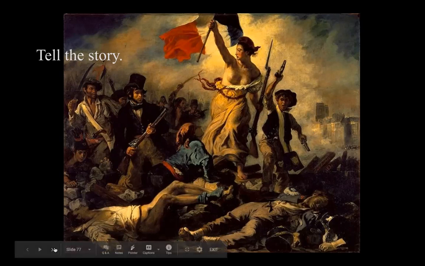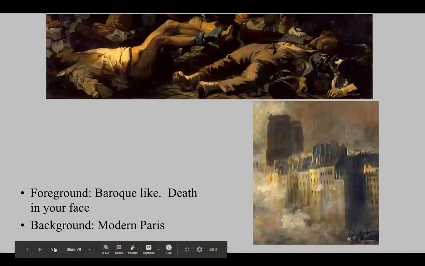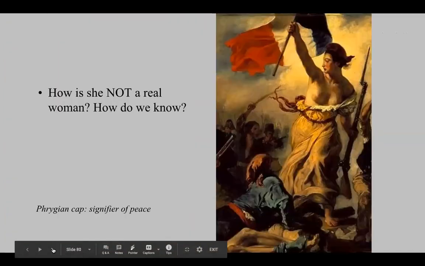So let's focus on who she is. How is she not a real woman, and how do we know? How do we know this is not a real woman? Eva, do you have any guesses about how I know she's not a real woman?